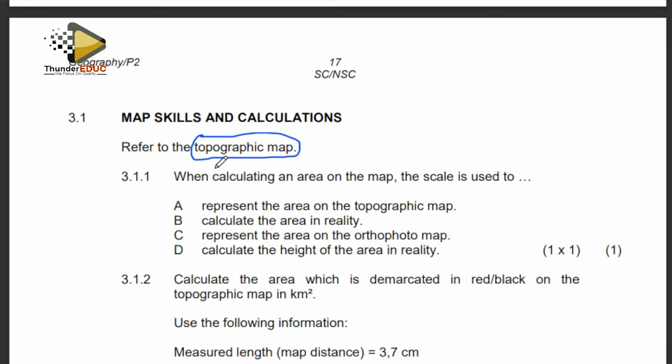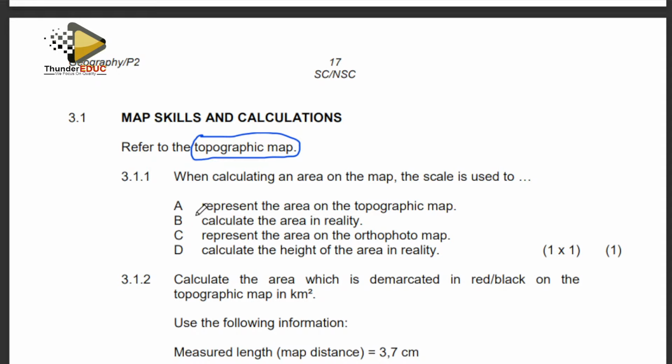But remember, the question says we are using the topographic map. So in this sense, we have to first of all eliminate what is not needed. Basically, C is out because it is talking about the orthophoto map. So when calculating an area on the map, the scale is used to represent the area on the topographic map, calculate the area in reality.